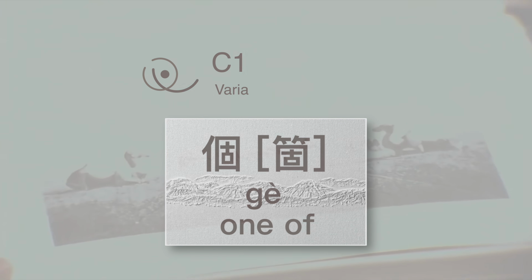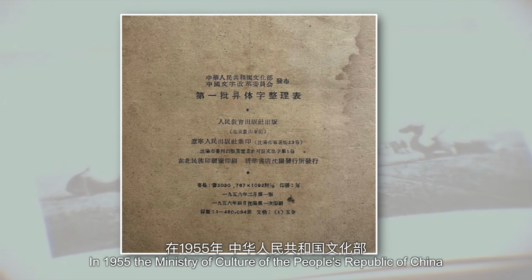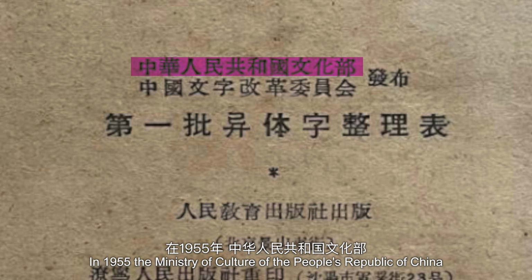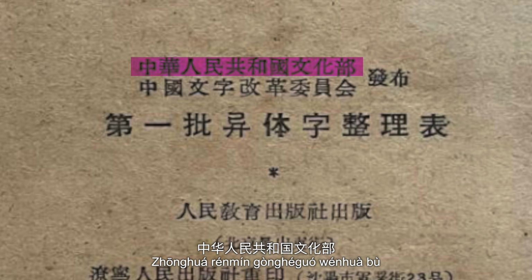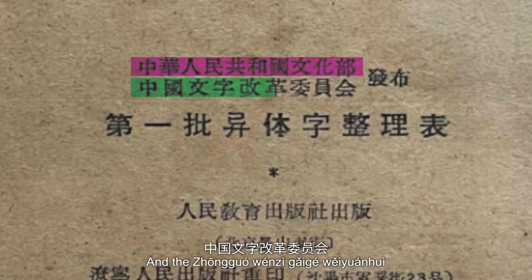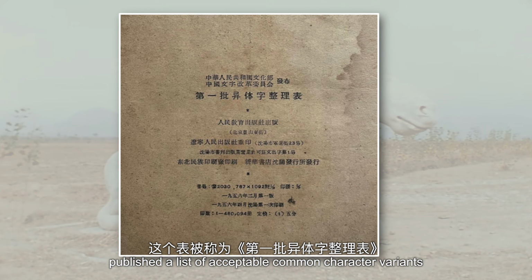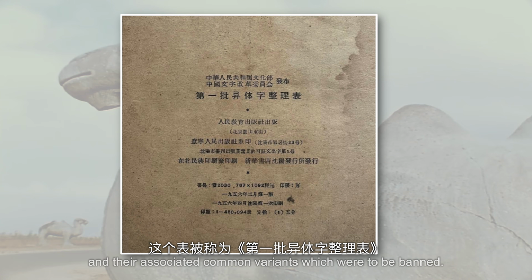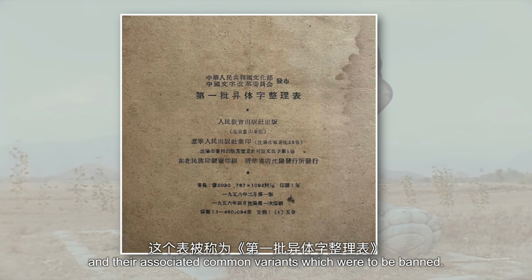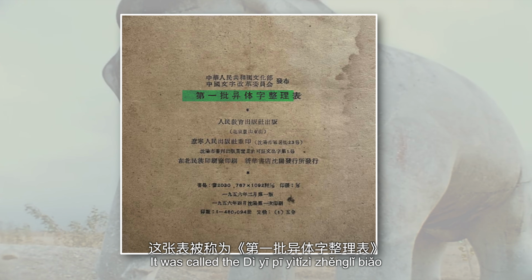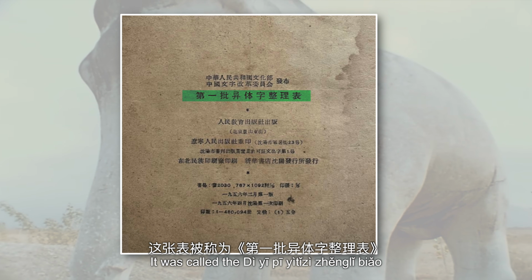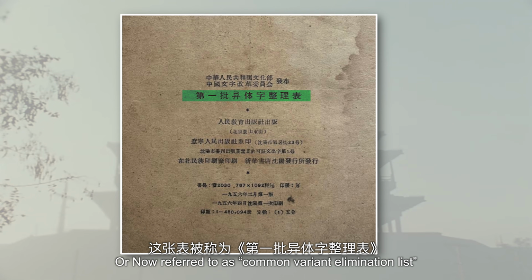In 1955, the Ministry of Culture of the People's Republic of China and the Chinese Character Reformation Commission published a list of acceptable common character variants and their associated common variants which were to be banned. It was called the 异体字整理表, now referred to as the Common Variant Elimination List.